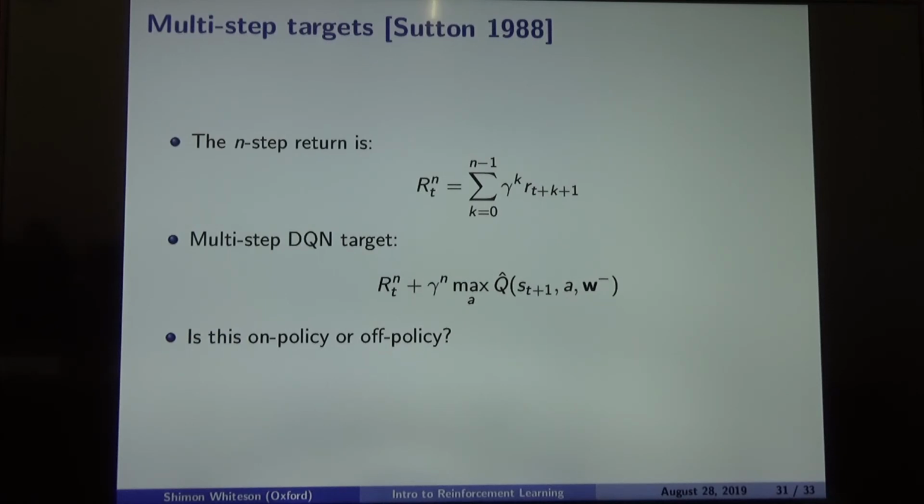And we can mix those however we want using eligibility traces with this lambda parameter. Typically, eligibility traces are used with on-policy methods. So you have TD lambda, you have Sarsa lambda, on-policy methods that use eligibility traces to mix these different n-step returns.